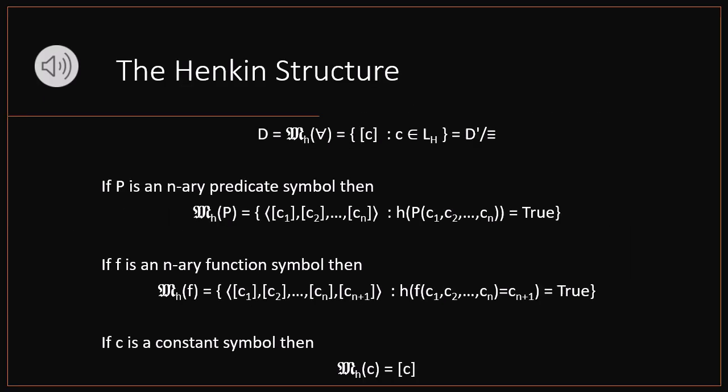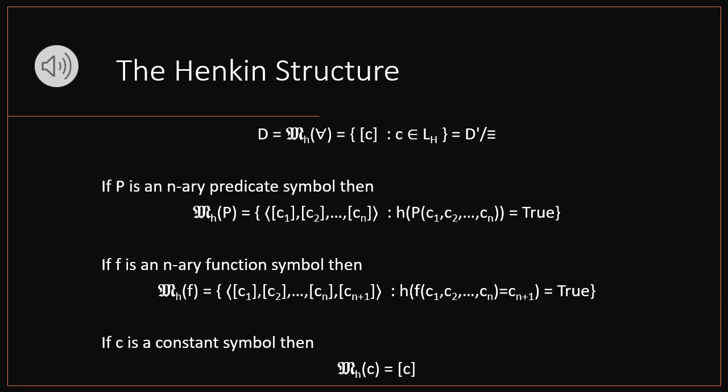So now that we have our equivalence relation and our equivalence classes, we can define the details of the actual Henkin structure itself. We'll denote the domain of discourse here as D, and D turns out to be the set of equivalence classes of this equivalence relation for that set of constants, which we were denoting by D prime.